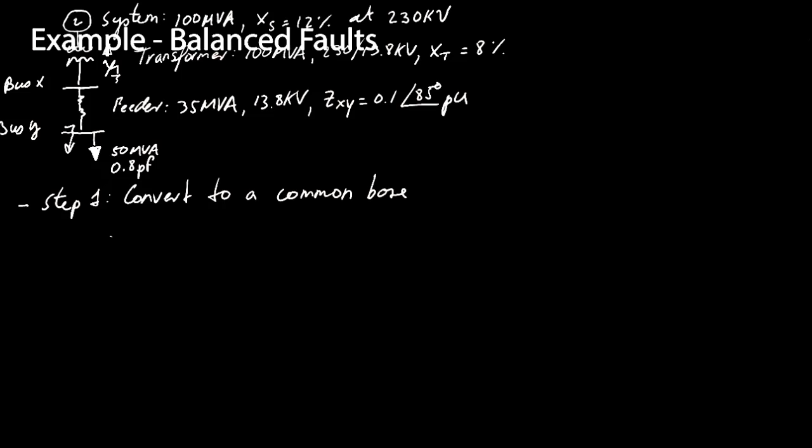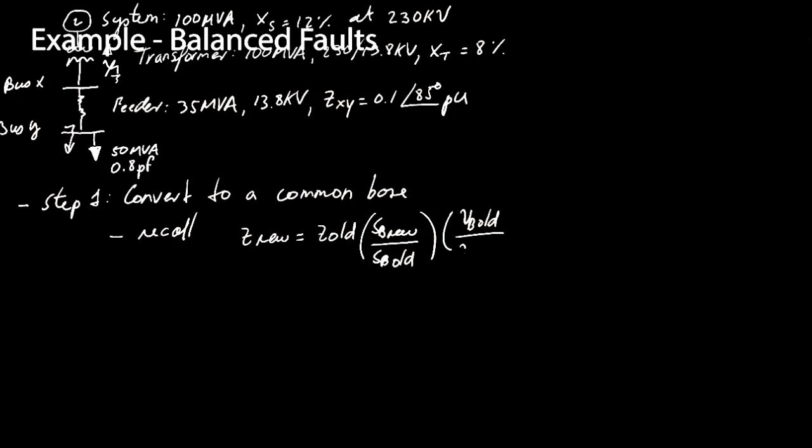Again, we've mentioned this before, but recall that the equation that we can use to convert impedances from one base to another base is this following equation over here. So Z new is going to be equal to Z old times the new base power, so S_B new, over S_B old, the old base power, times V_B old, the old base voltage, over V_B new, the new base voltage, squared.